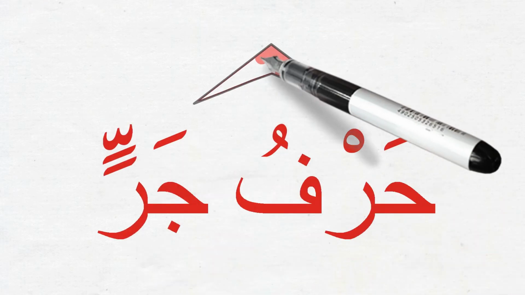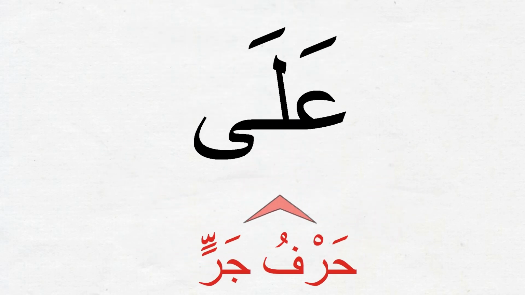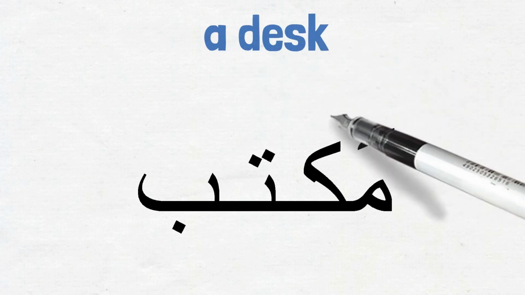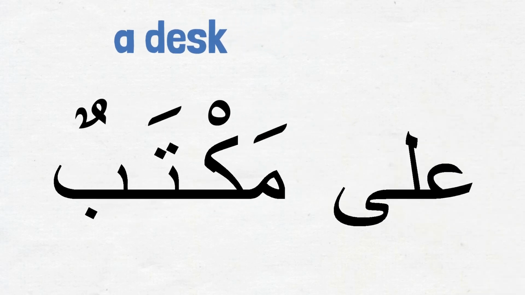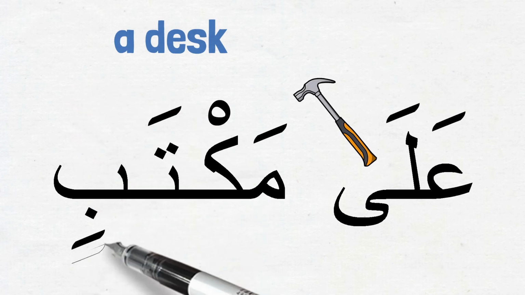Now, I would like to introduce another harf jar to you. Ala, which means on. This harf has the same effect as fi to the ism coming after it. For example, let's take a desk. Maktabun. If I want to say on a desk, I put ala before it, and because it is harf jar, maktabun will take the majrur state, which is maktabin.